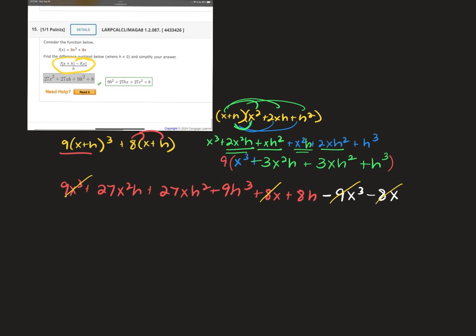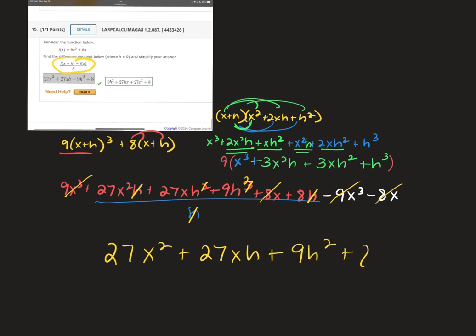A positive 8x and a negative 8x, they cancel out. And then I put everything else over h. If you've done it right, the h should cancel. That's 1h there, 1h there. This becomes squared, and this h is gone. So I have 27x squared plus 27xh plus 9h squared plus 8.